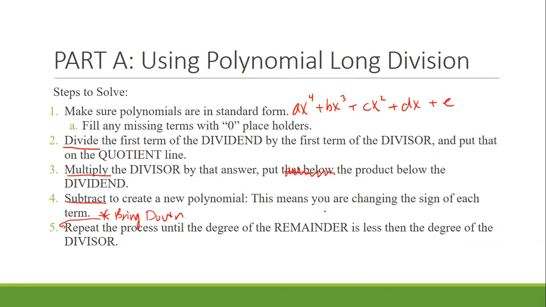I didn't mean to write the below twice. And then we're going to subtract to create a new polynomial. This means you're changing the signs of each term. And then bring down, repeat the process until the degree of the remainder is less than the degree of the divisor. Now, sounds like a lot of words, but the process itself is fairly simple.